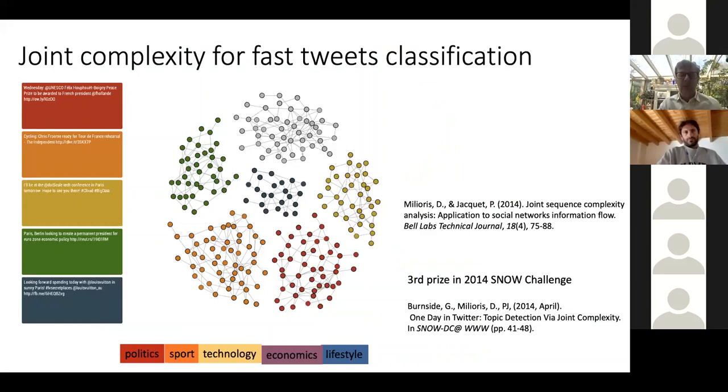And for that, you use joint complexity. In the database we have built from the tweets that contain the original keywords, you try to find from one tweet, which one inside this set is the closest. And you put it in the database. And at the end, it will classify the tweets according, eventually, to the keywords.